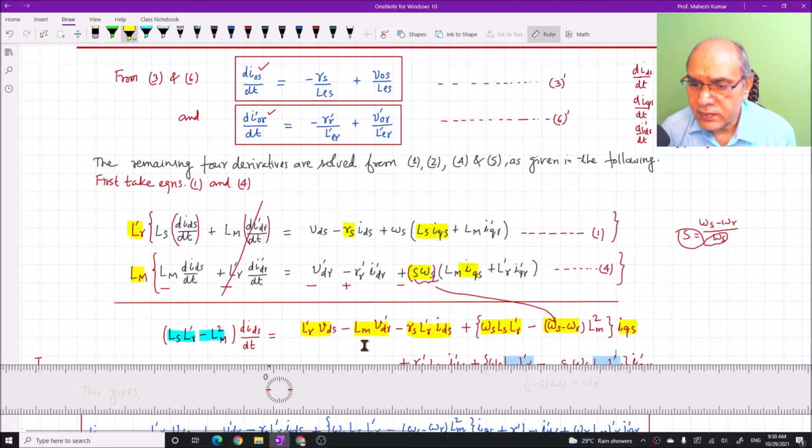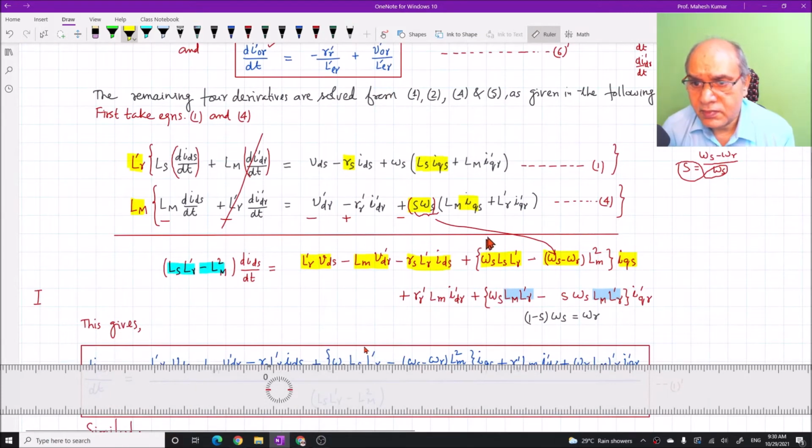The remaining terms are IDR', which comes from this one. Minus becomes plus because of the subtraction. So this term becomes RR' LM IDR'. And for the IQR' term, again there are two terms. One is omega S LM LR' from here, and the second one is minus S omega S LM LR'.